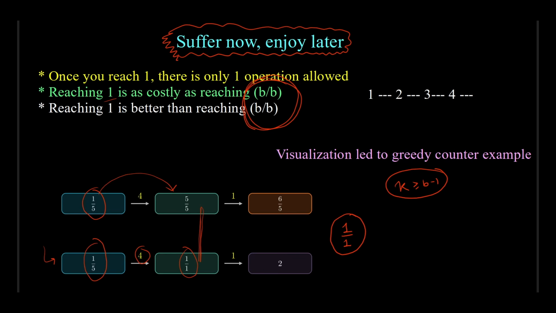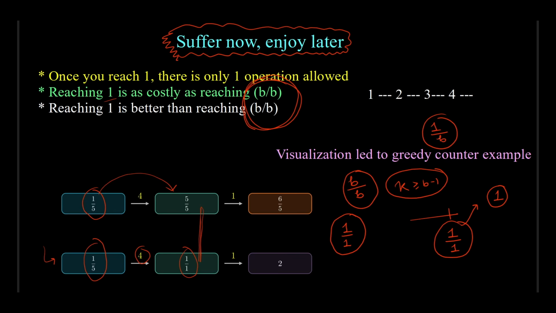Your gut feeling might say that it is better to do the increment operation only, because why are we trying to reach 1 upon 1? So that all the operations that can be done after this point will reap a benefit of exactly 1, right? Otherwise, in the other strategy, by reaching b upon b, you'll reap a benefit of 1 upon b, which is not optimal, because this fraction will always be less than the integer 1.